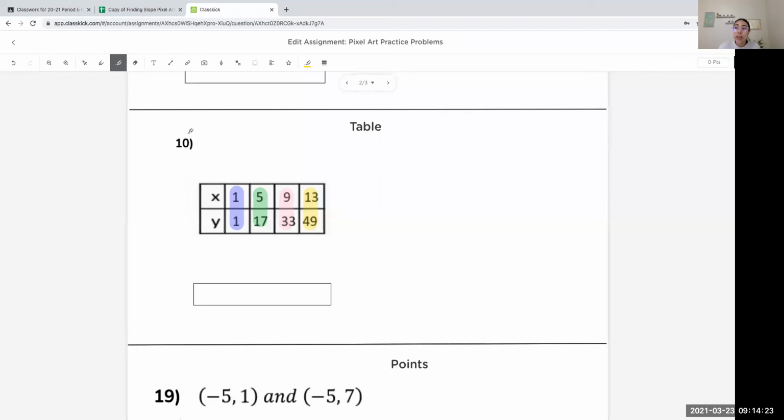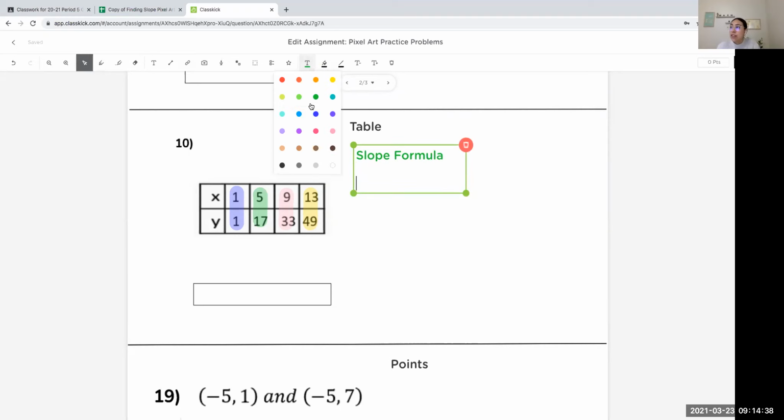Because when we're finding the slope of a table, you use the slope formula. The slope formula has us look at our differences between our points, between our values. We take y2, the second y, and subtract y1.